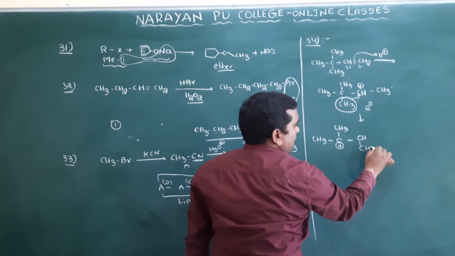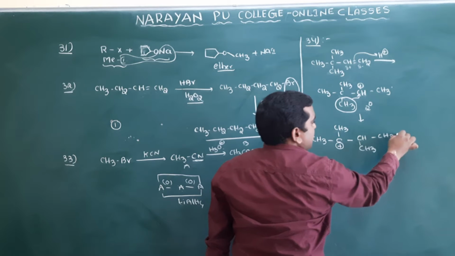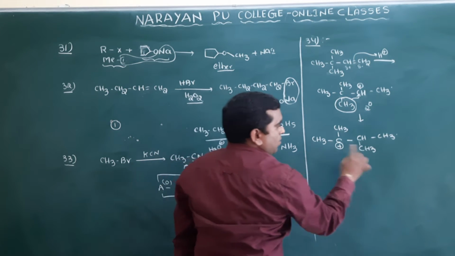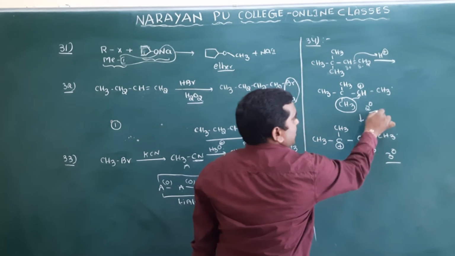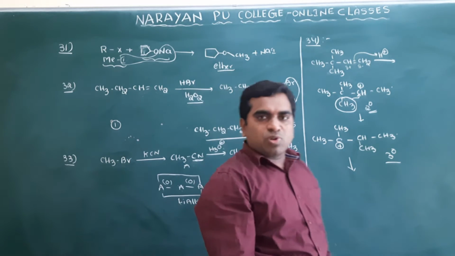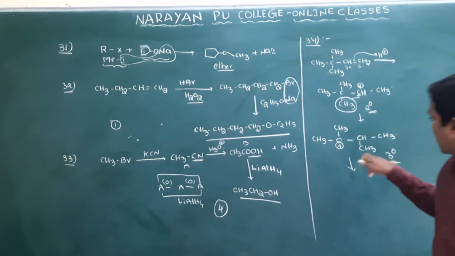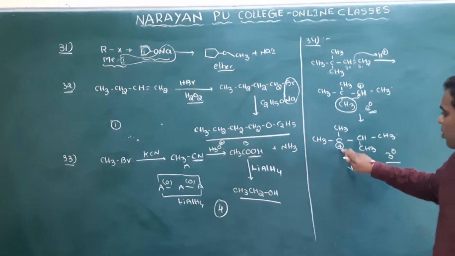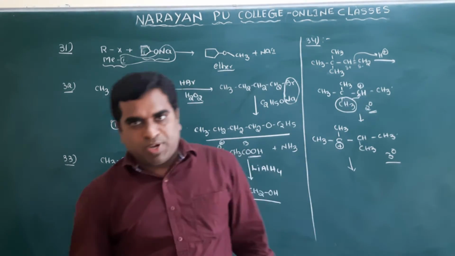Positive and negative form a bond, and you get CH3. Next, this is which carbocation? Tertiary carbocation. This is which carbocation? Secondary. Which is most stable? Tertiary is more stable than secondary. So to get the more stable tertiary carbocation, this secondary carbocation is involved in the rearrangement.